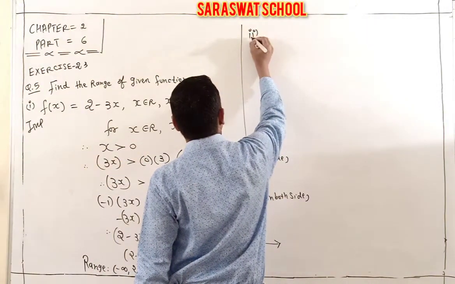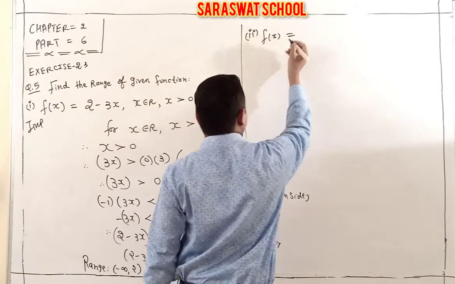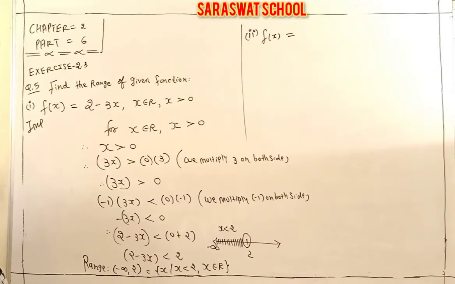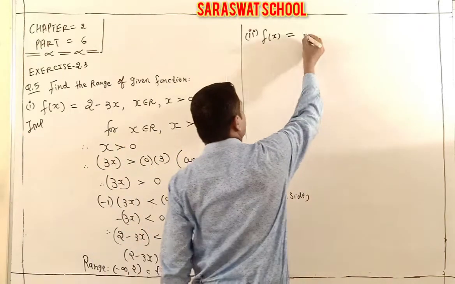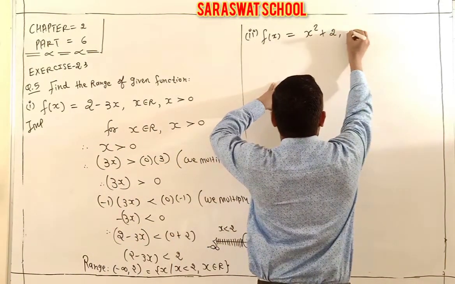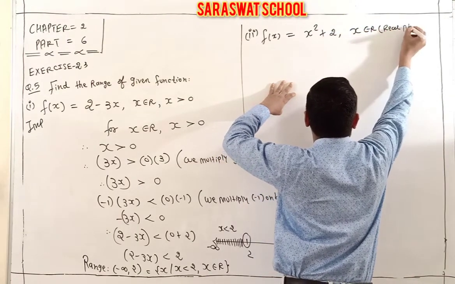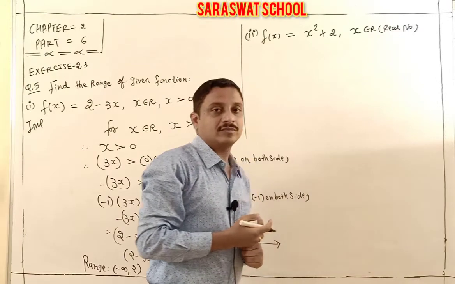Now the second question, the second f(x) is given. It is x square plus 2, for x belongs to R, real numbers. So very easy.